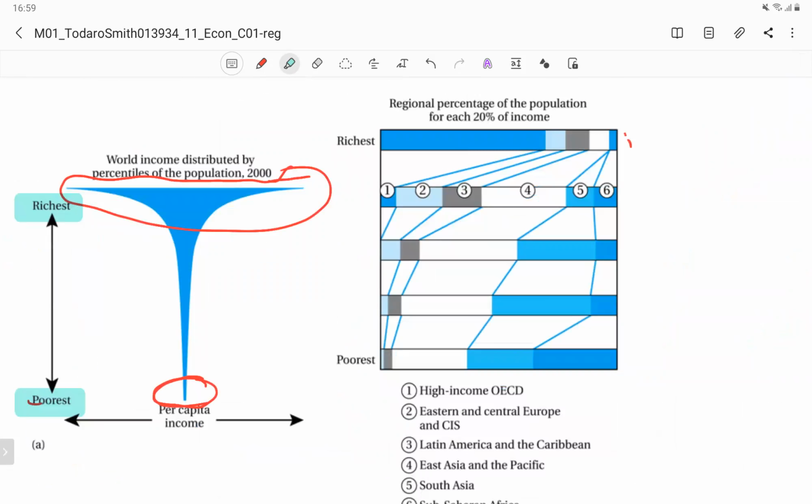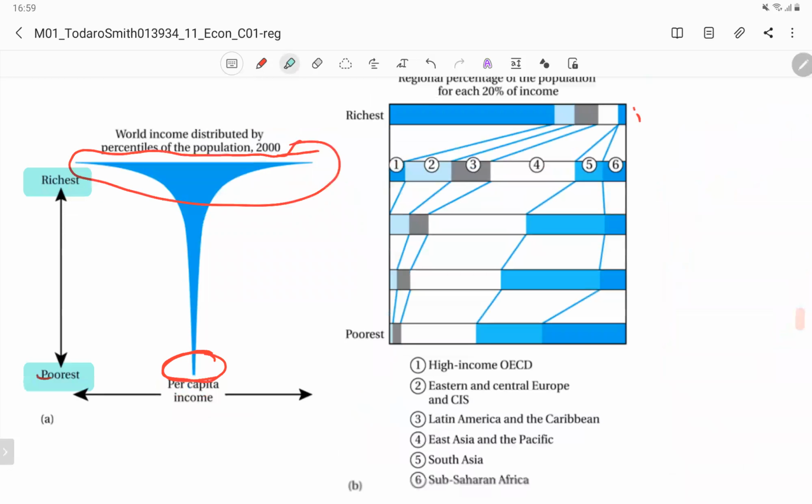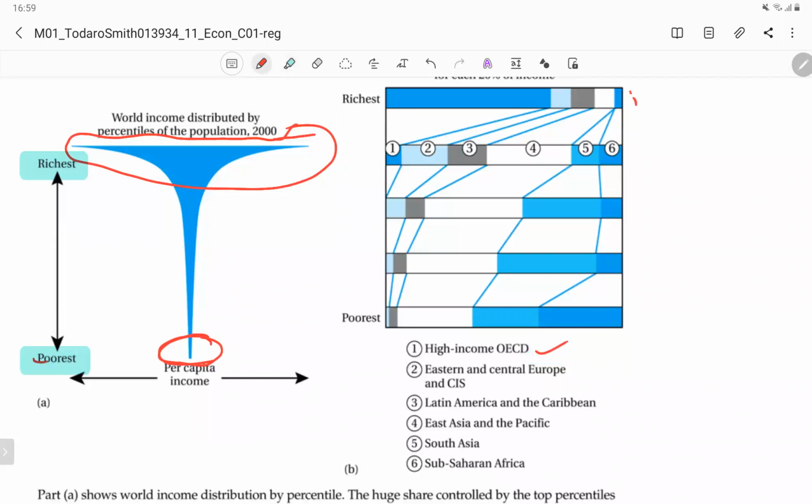From number 1 to 6 here, number 1 is high income countries, OECD. Number 2 is Central Europe. Number 3 is Latin America. Number 4 is East Asia and Pacific. Number 5 is South Asia. And number 6 is Sub-Saharan Africa.